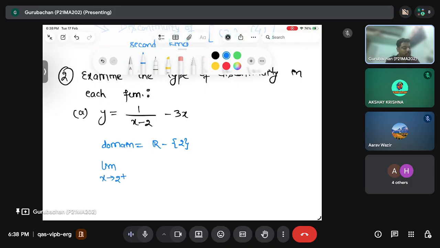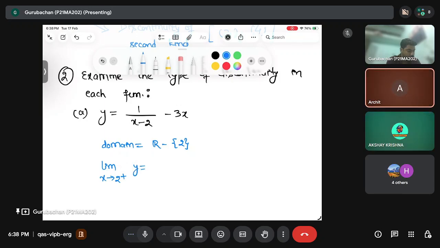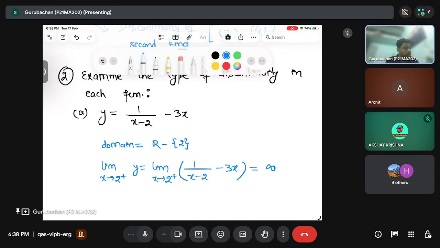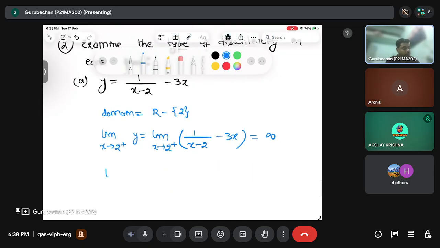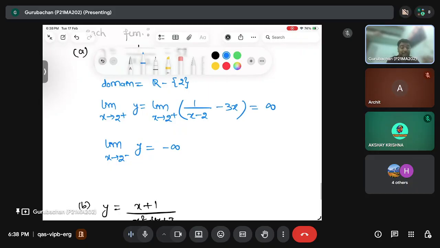So what is the limit as x tends to 2 plus? Plus infinite. I'm not calculating it, I'm writing it directly. Is it clear? I hope it is clear to everybody. Now 2 minus will be negative infinite. So its limit itself does not exist.